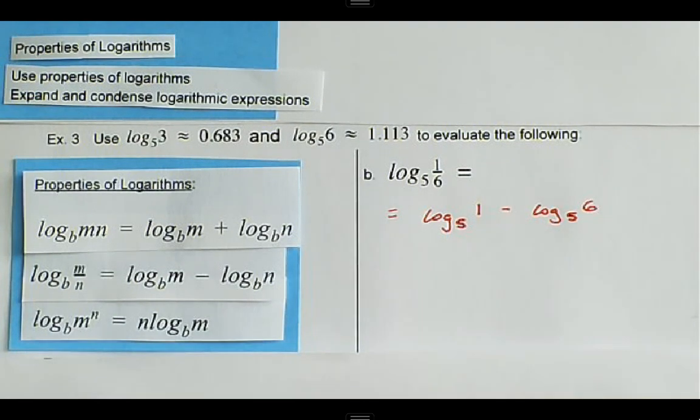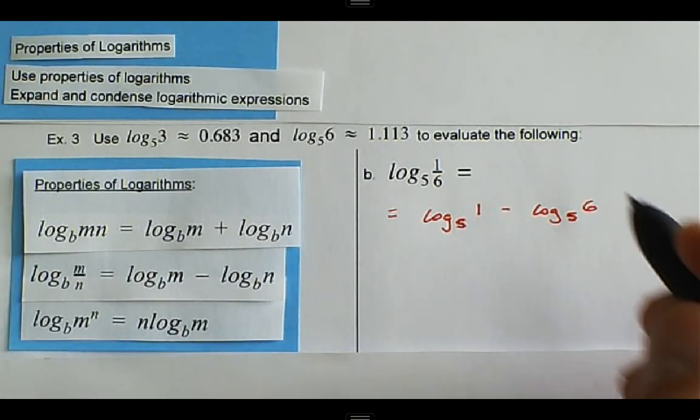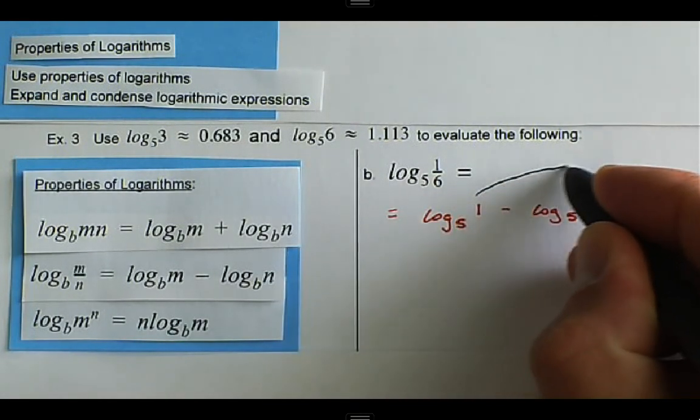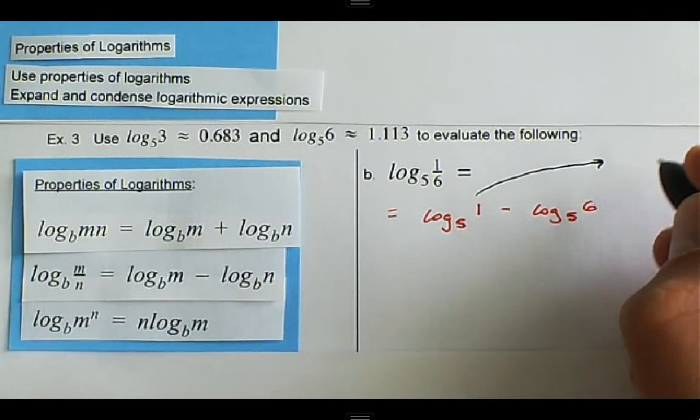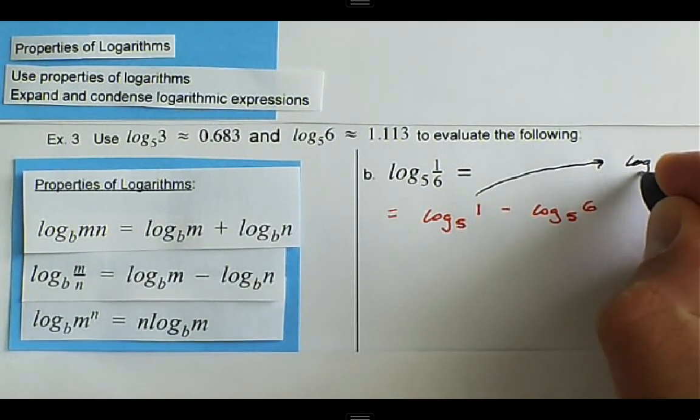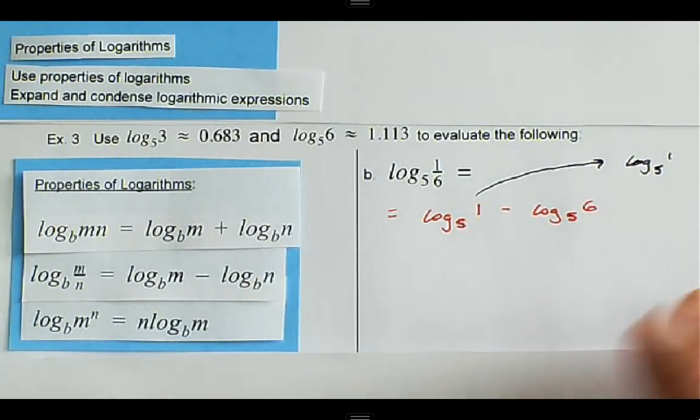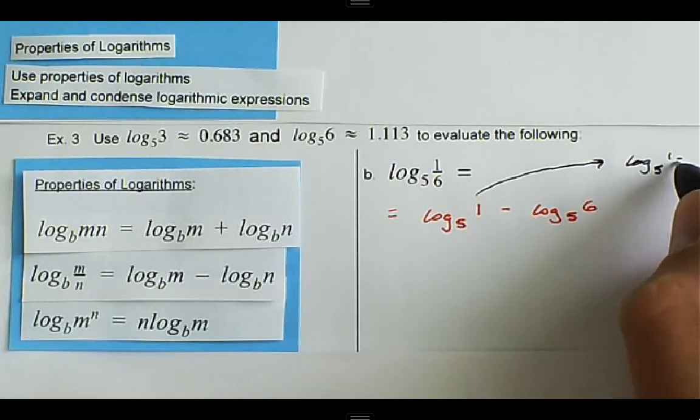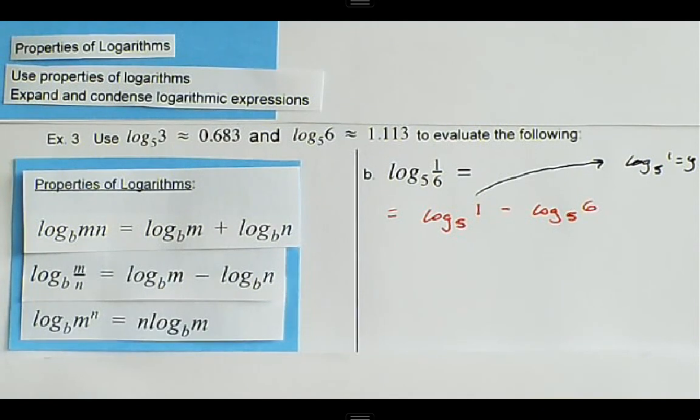Now we can examine this a little bit before we move on, because this is a little bit different. If we take a look at this one here, let me just rewrite it: log base 5 of 1, and we'll say that's equal to y.